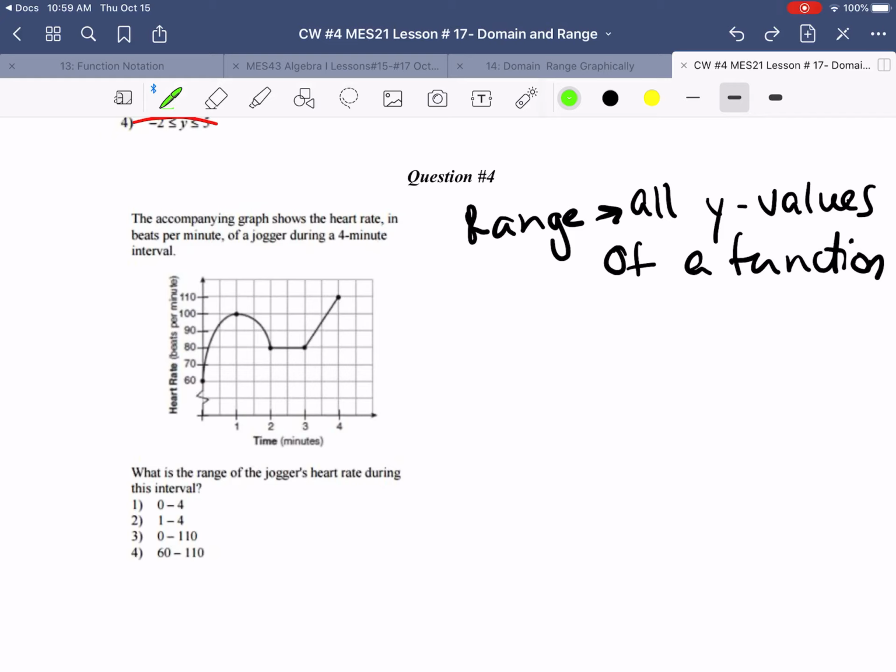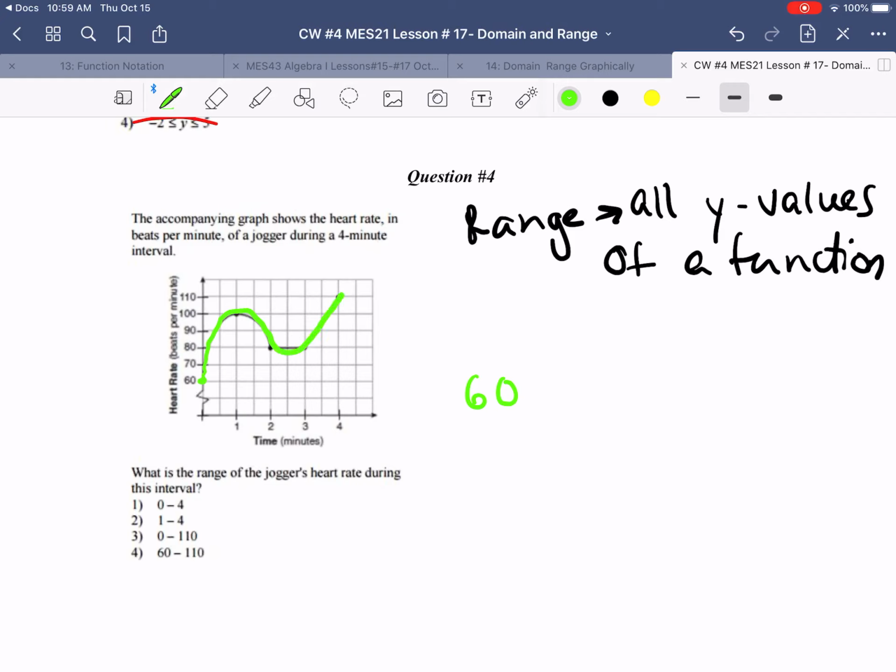So this point is the y-intercept at 60. We can look to see, does the function go lower than that? No. Right? This is the function. The function does not go lower than 60. So we're going to put 60 here, just on the side, so we remember. Then I'm going to look at the function.